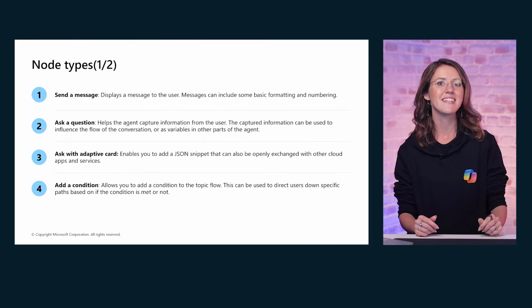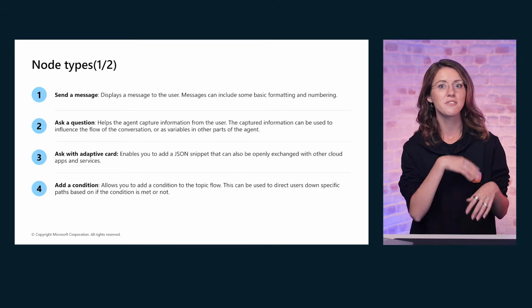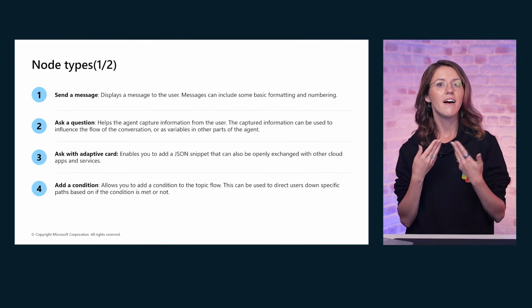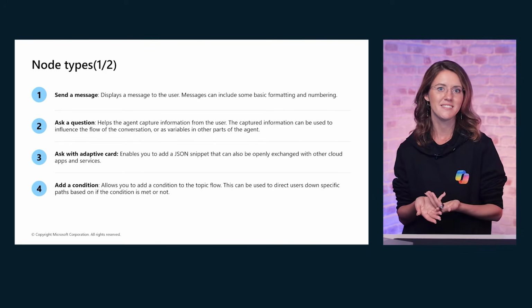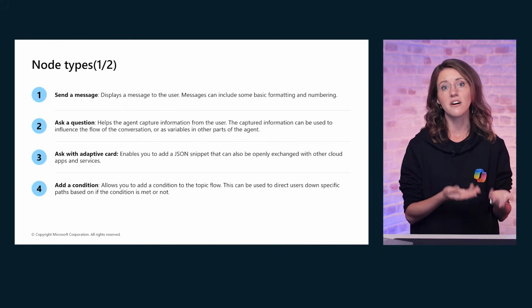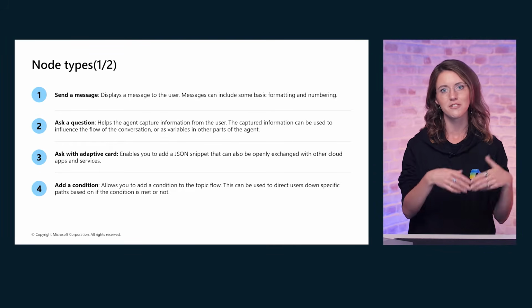First, we have the send a message note. This note displays a message to the user, and it can include some basic formatting and numbering to make the information clear and organized. Next, there is the Ask a Question node. This node is designed to help the agent capture information from the user.